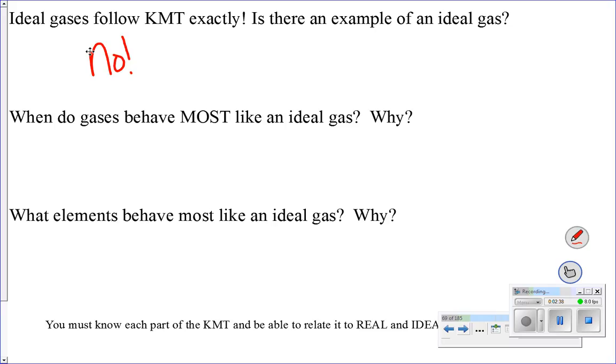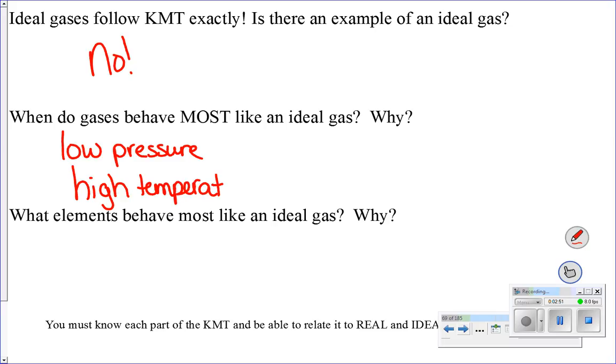Gases are going to behave most like an ideal gas when they're stored at low pressure and high temperature. The reason for this: when you store gas at low pressure, the particles can move very freely, and they have a lot of space between them.